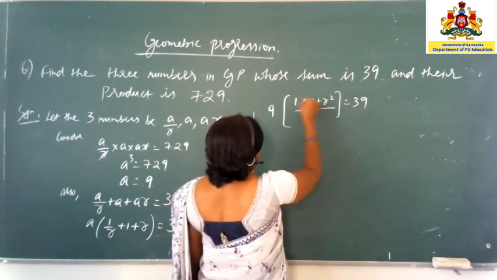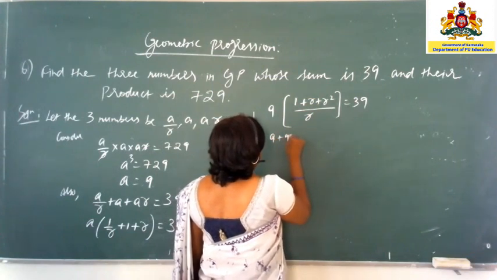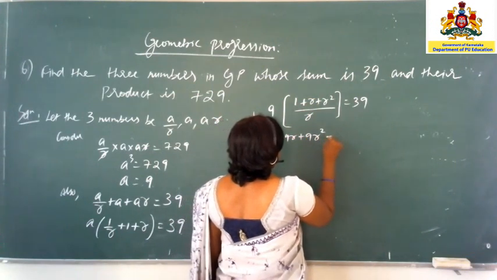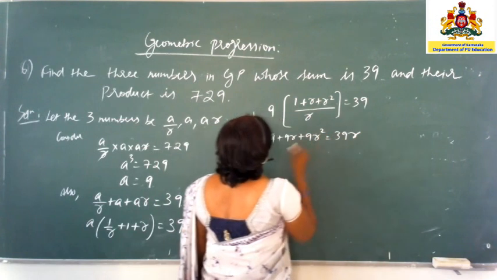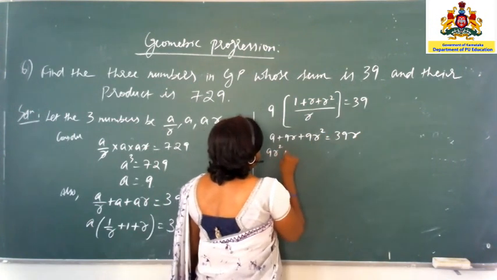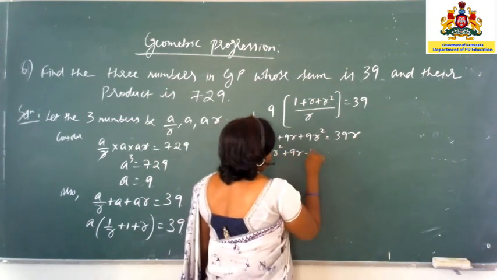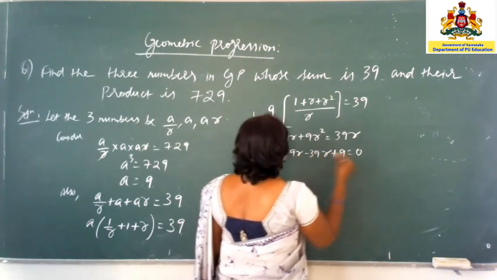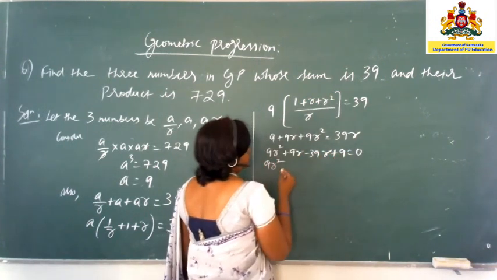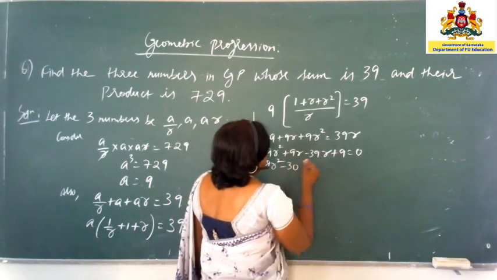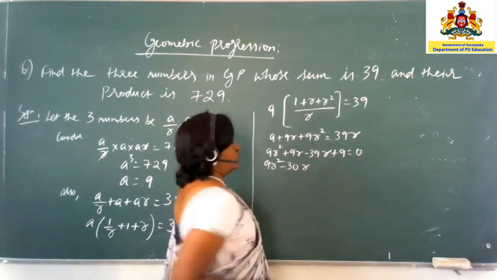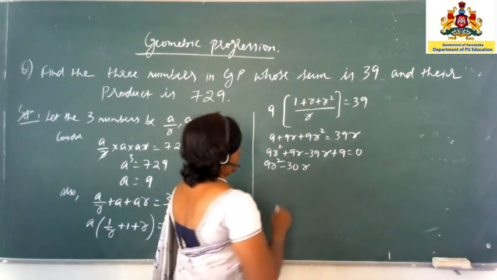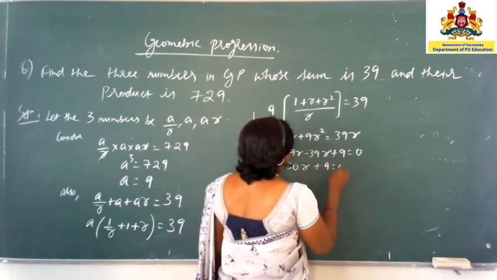So cross multiply, 9 plus 9R plus 9R square is equal to 39R. So 9R square plus 9R minus 39R plus 9 is equal to 0. So 9R square minus 30R plus 9 is equal to 0.